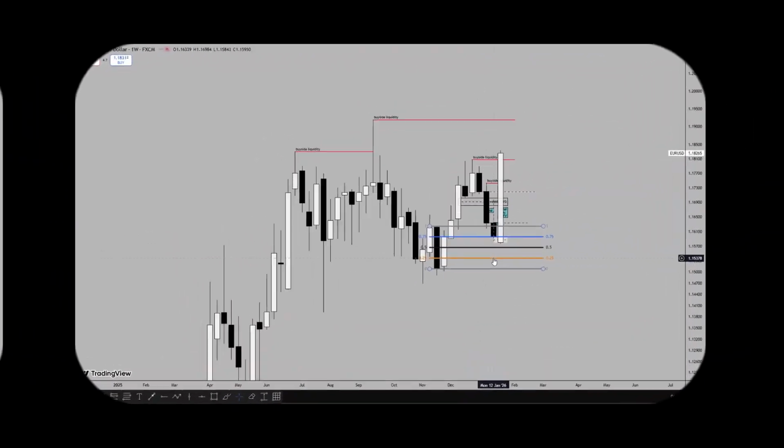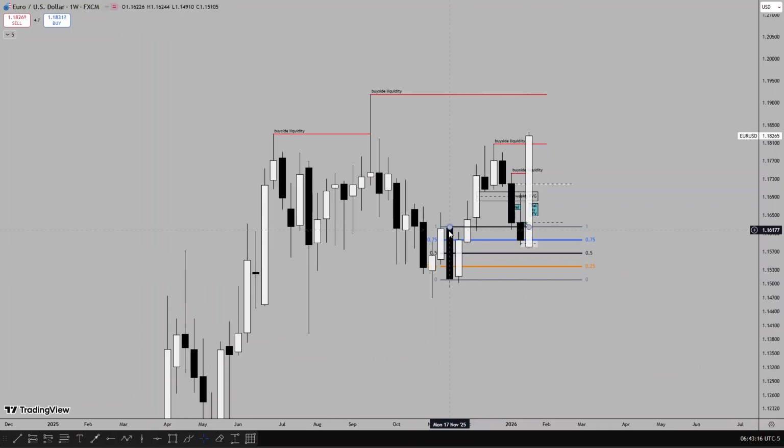On the weekly time frame on EURUSD, I talked about the weekly order block. Showed you guys that price is still above the 0.5 level, so I'm anticipating higher prices to run the buy side liquidity.